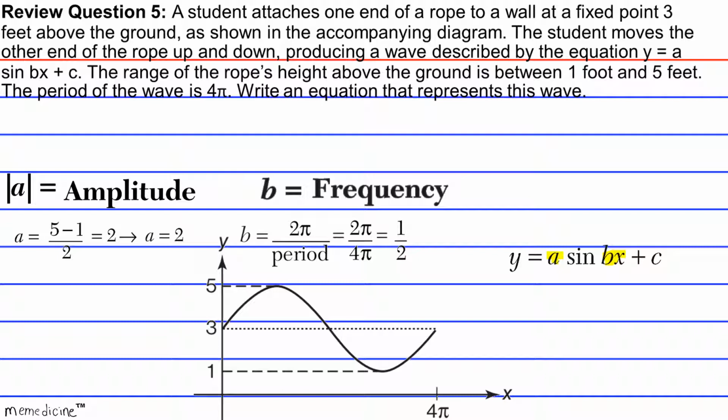Alrighty then. So the next thing we have to figure out is our vertical shift c. The vertical distance between the x-axis and the center line of the graph is basically going to be our c, okay?